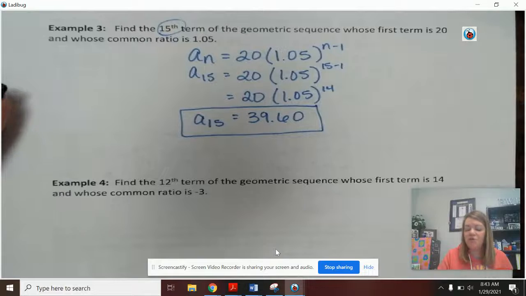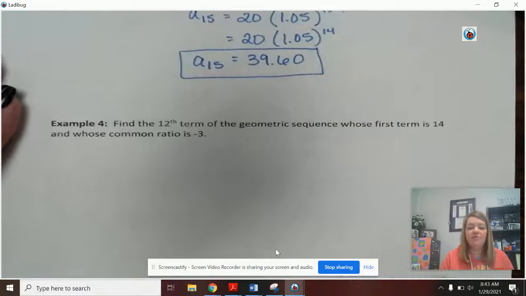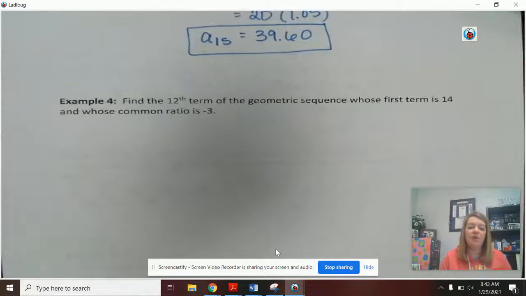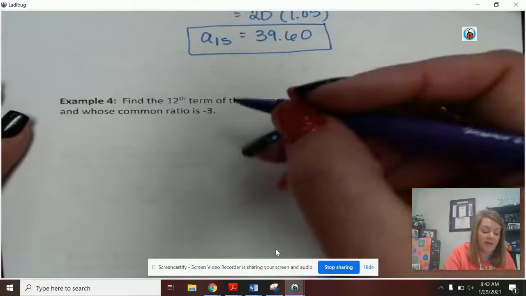All right, let's find the 12th term of the geometric sequence whose first term is 14 and whose common ratio is -3. So let's plug everything into the formula. First of all, I'm going to write the formula with just a sub n. So if I was looking for any term out there, not just the 12th term, I like to write the formula.